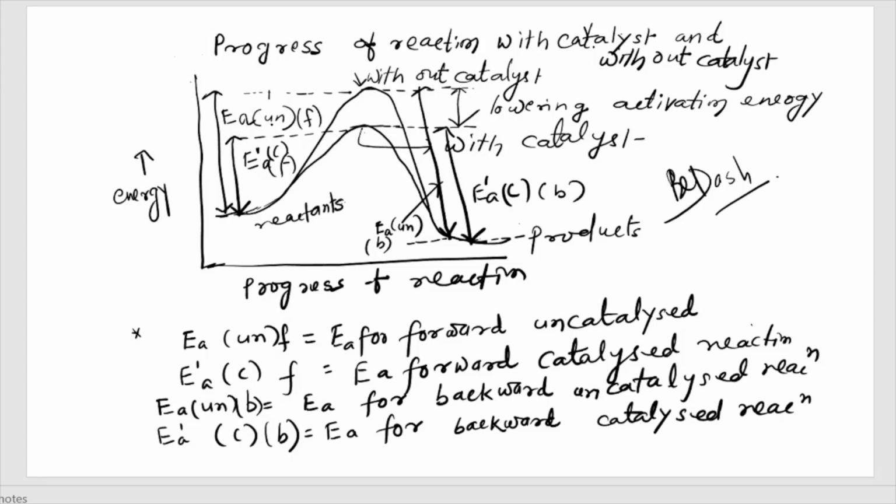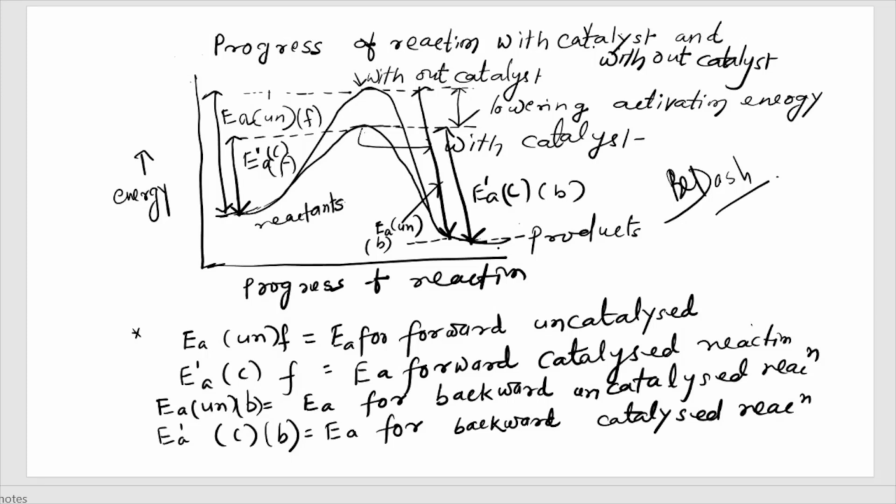Similarly, EA UN and F, UN here means uncatalyzed, and this one is uncatalyzed, then this is the product. So here you will observe that lowering of activation energy takes place with the help of a catalyst, and it is very helpful at the industry level because with a catalyst lower activation energy is required and time is also saved.